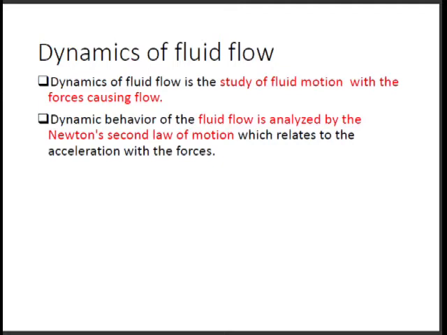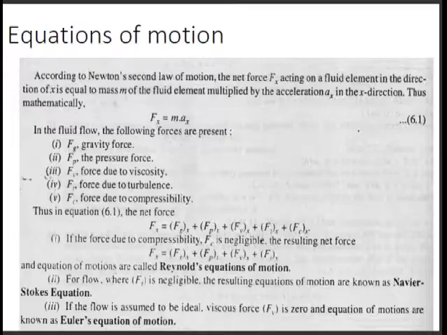So which are these equations of motion? According to Newton's second law of motion, the net force, that is Fx, acting on the fluid element in the x direction is equal to the mass of the fluid element multiplied by the acceleration in the x direction.